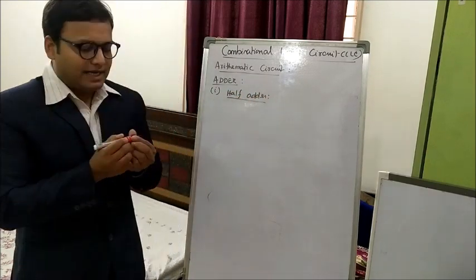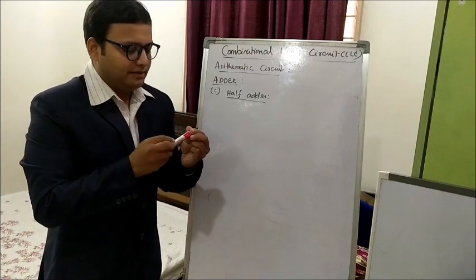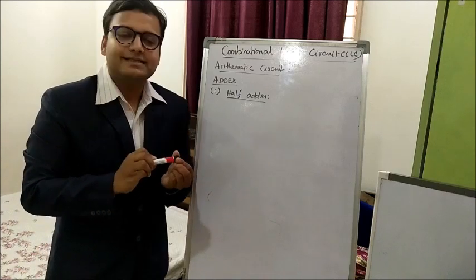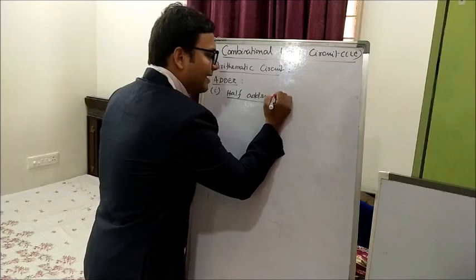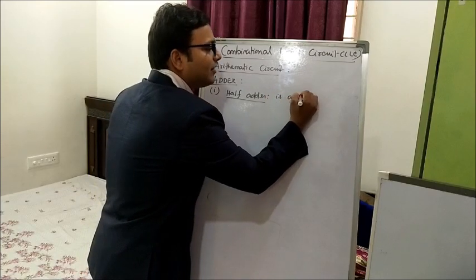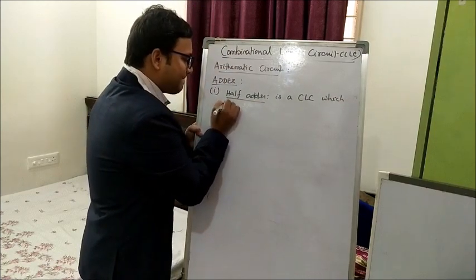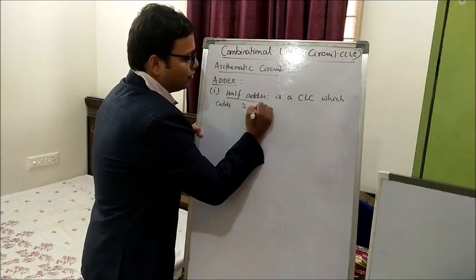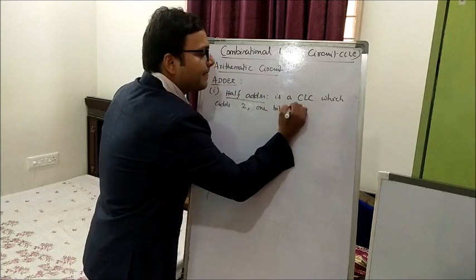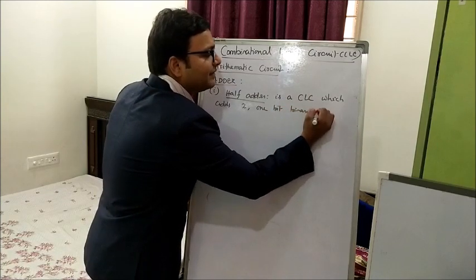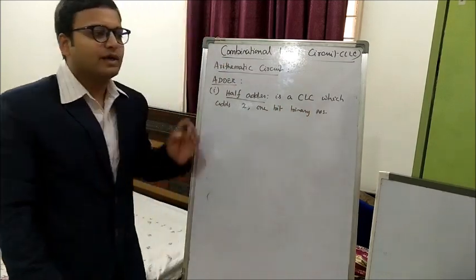As we know, the half adder is nothing else than a combinational logic circuit which adds two 1-bit binary numbers.